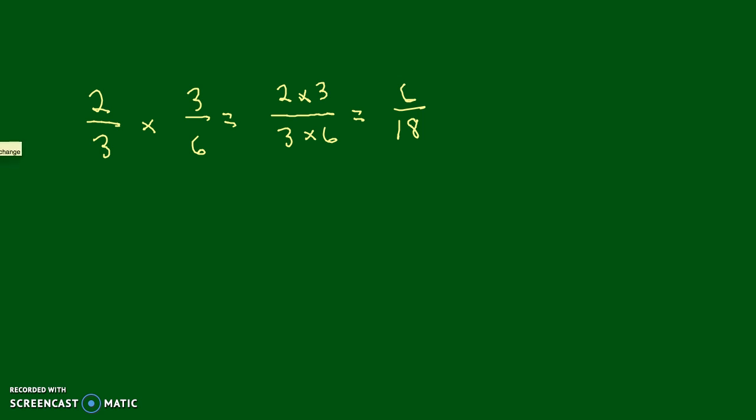Oftentimes in our class, we just get to the original answer. But in this case, if you wanted to simplify the fraction to put it in its lowest terms, or its simplest form, both 6 and 18 can be divided by 6. If we did 6 divided by 6, we would get 1, and if we did 18 divided by 6, we would get 3. So 6/18 in simplest form is 1/3.